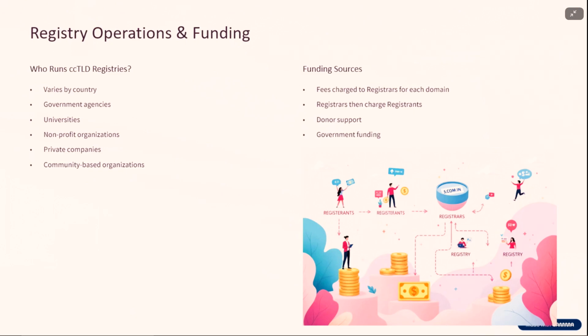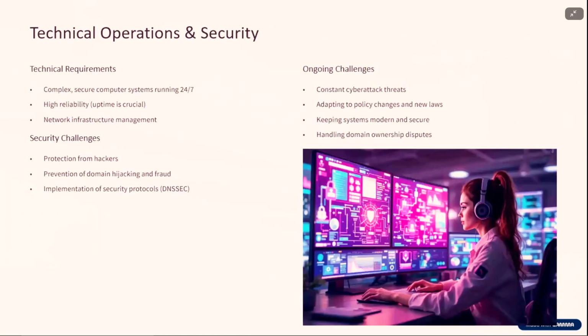Because .com, for example, sells about $10, and the ccTLD registrars sometimes find it difficult to sell a domain for $10 when in most cases the total domain registrations they have is below 5,000, and when they sell at $10, basically it's very difficult for them to sustain their business. So government comes in to support them in that regard.